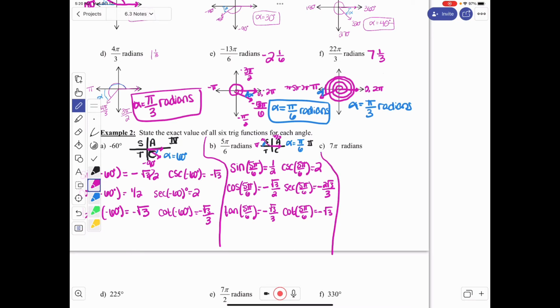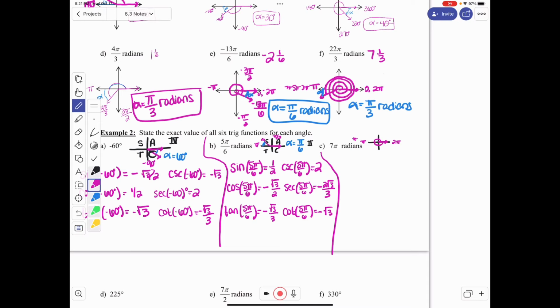All right, 7 pi radians. So if I graph this one, I'm starting here. Well, 7 pi radians is odd, so I know it's going to land over here on this side.